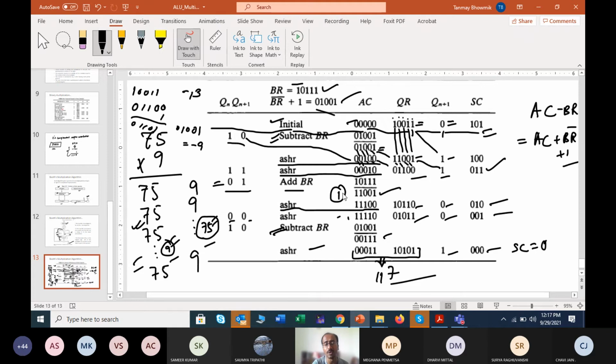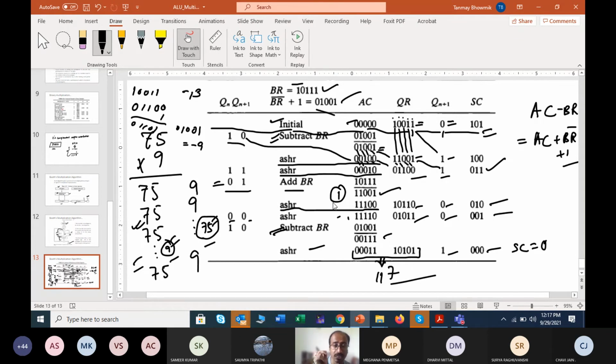So if you are getting any overflow here, what you will do? If in some any other step you are getting an overflow, what you will do? You will do nothing. Simply you will discard this carry, because you are now performing 2's complement multiplication, and in 2's complement multiplication the extra bit or the overflow bit always should be discarded, right?